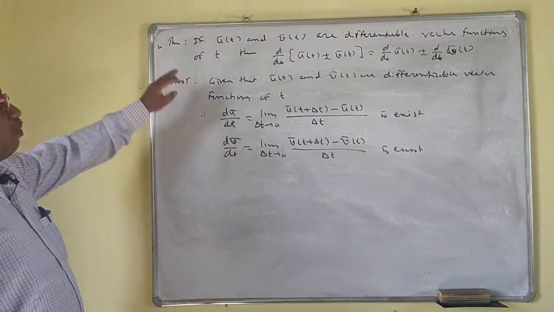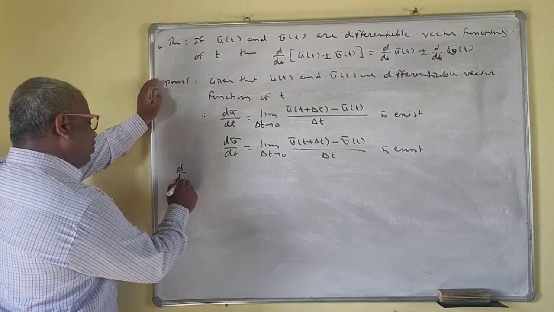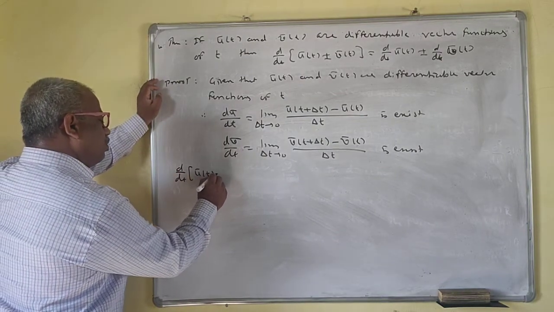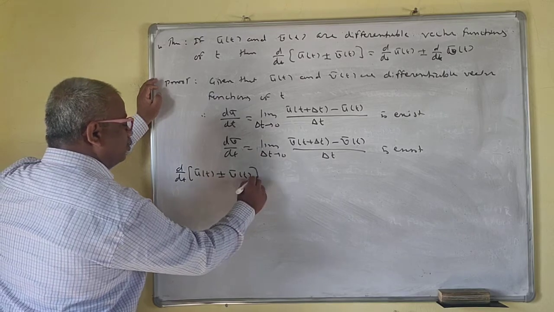This you have. Now we find d by dt of u bar of t plus or minus v bar of t.